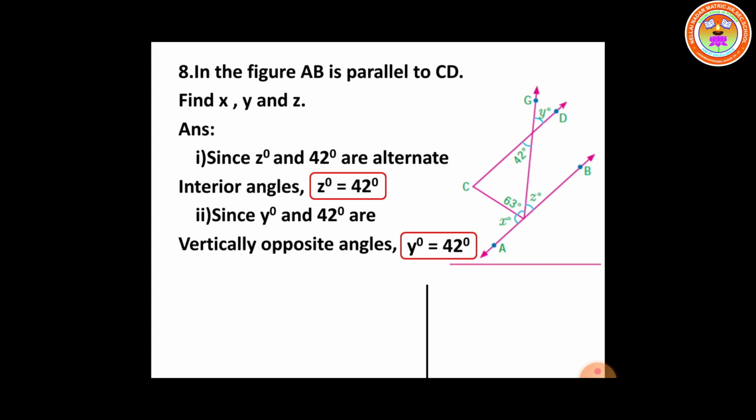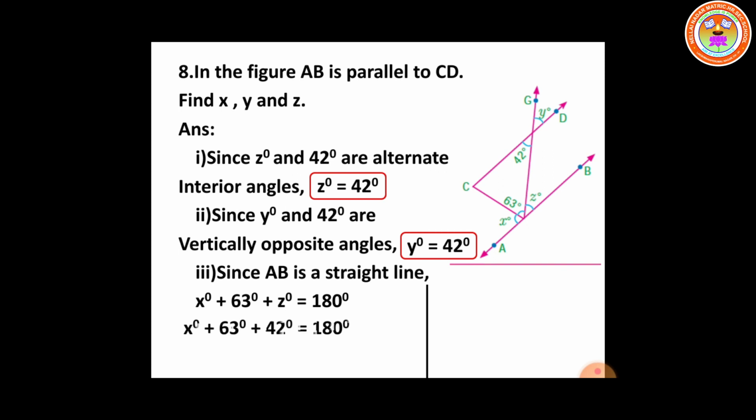And third one, since AB is a straight line, x plus 63 degrees plus z degrees is equal to 180 degrees. So x plus 63 degrees plus 42 degrees is equal to 180 degrees. X degrees plus 105 degrees is equal to 180 degrees. X is equal to 180 minus 105. X equal to 75 degrees.